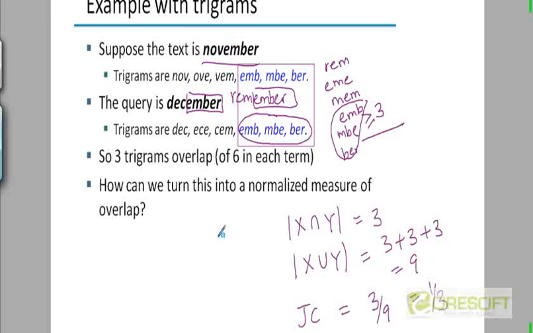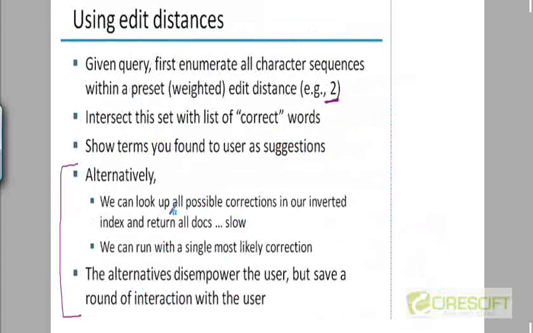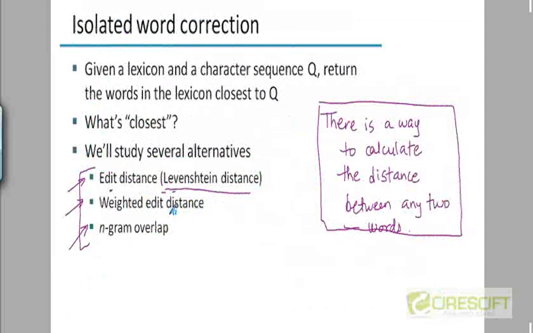And sir, one more question. Sir, that cost matrix for the weighted edit distance, is it applied over here? No. So we are now talking about a third measure. Thanks for asking this question, because if you missed this, we are talking about an n-gram overlap here. We are not talking about edit distance here.